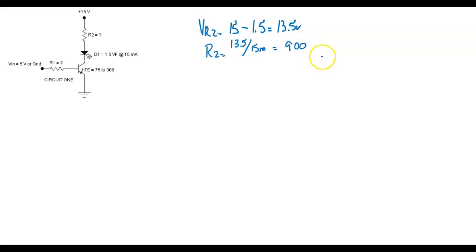Of course, here we rounded up, right? So what we're going to do with these is we're just going to round them. We're not going to round up. We're not going to round down. We're just going to round to the nearest standard value. We're using minimum beta, so odds are it's never going to be minimum beta, right?